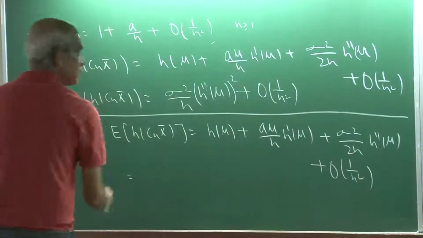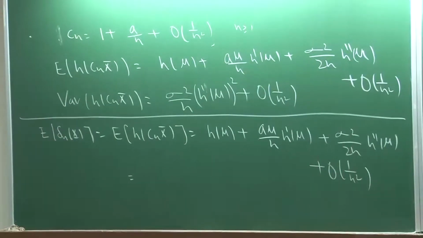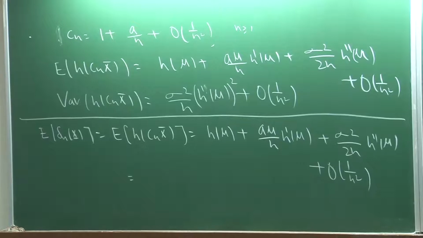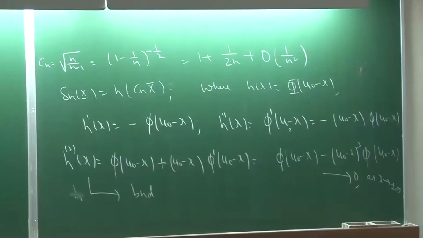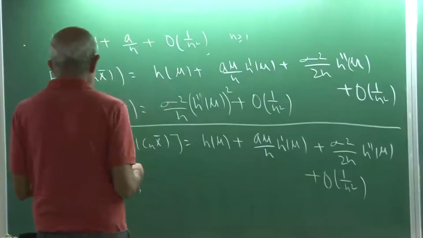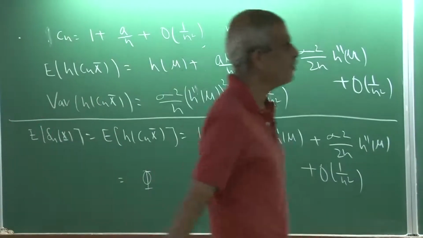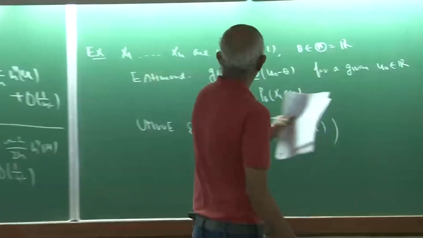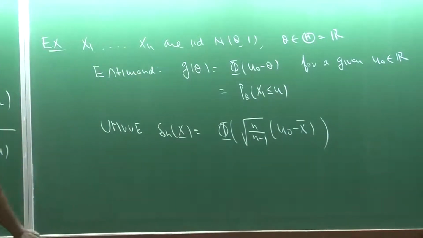And how much is that? My h of x is nothing but phi of u naught minus x. So I am talking about h of mu, so that means phi of u naught minus mu. Sorry, everywhere in place of mu I have to take theta, right? Because x1, x2, xn is IID normal theta 1.